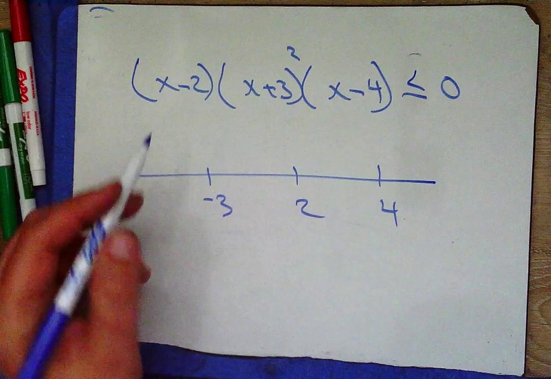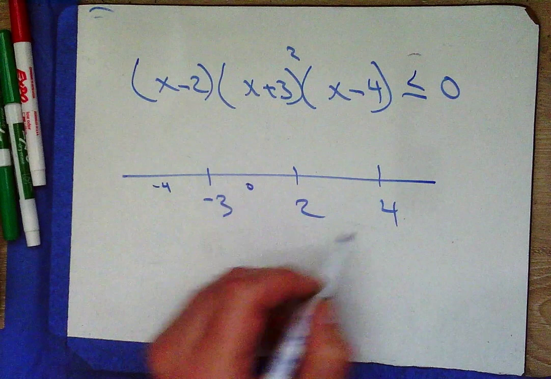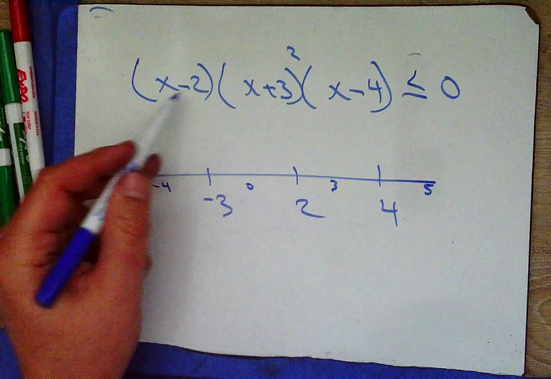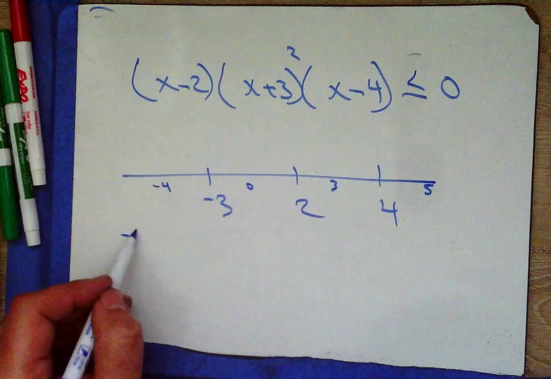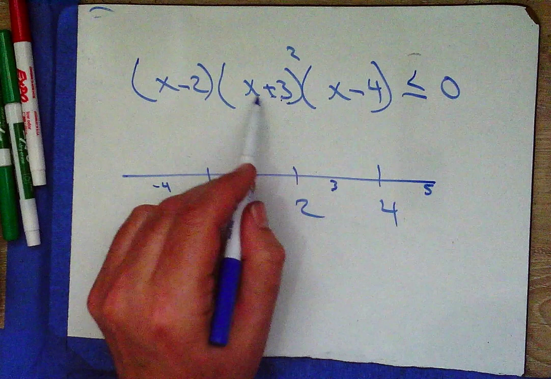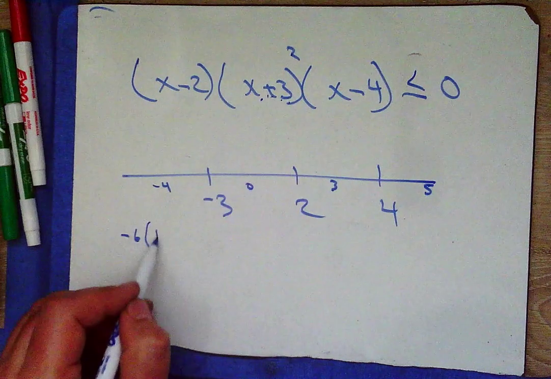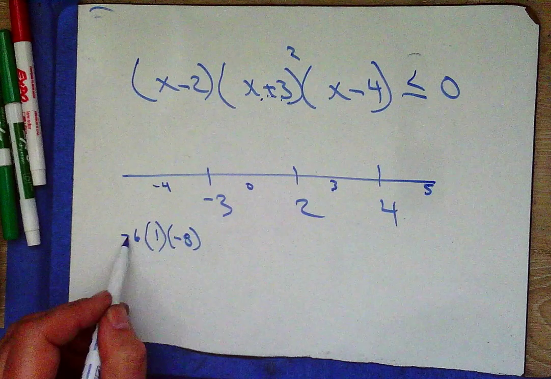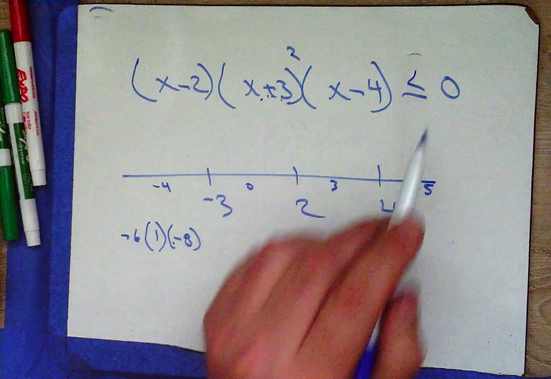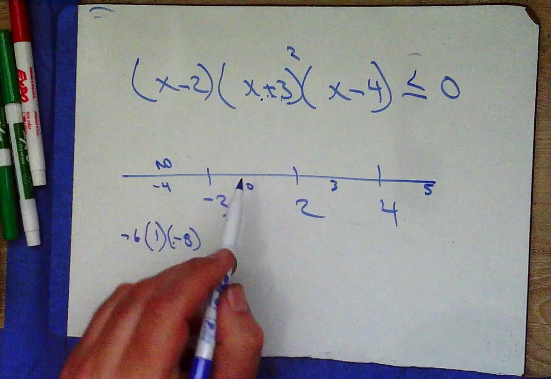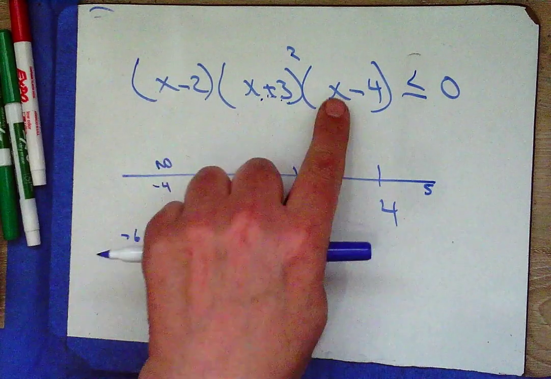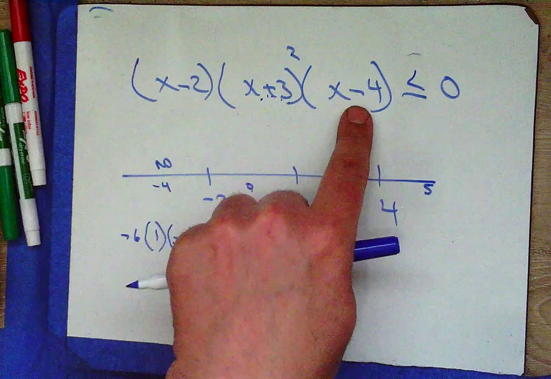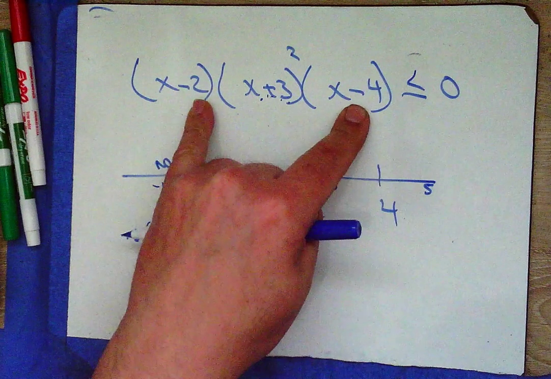I'm going to use negative 4, I'm going to use 0, I'm going to use 3, I'm going to use 5. Negative 4 minus 2 is negative 6. Negative 4 plus 3 is negative 1, but negative 1 squared is positive 1. And negative 4 minus 4 is negative 8. So I've got a negative times a negative, which is a positive. Is that less than 0? No. If I plug in a 0, negative 2 times 9, which is negative 18, times negative 4 is going to be a positive number.